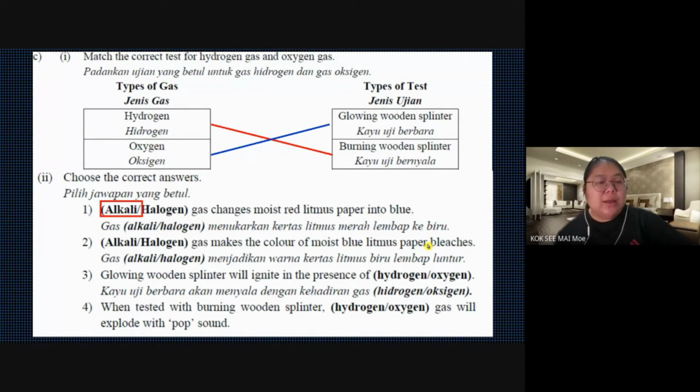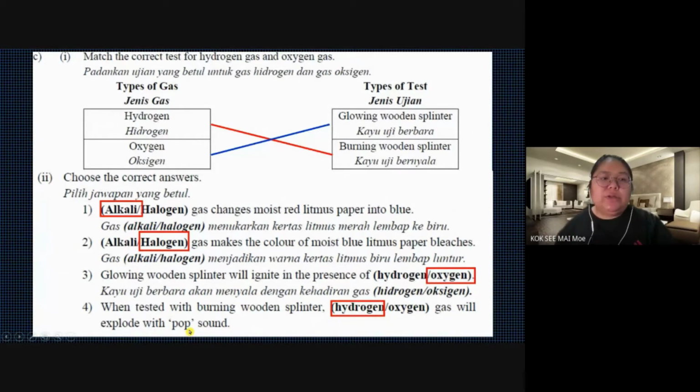You tell me, alkaline or halogen? So it's halogen. Halogen produces a colorless gas. Glowing wooden splinter ignites in the presence of oxygen, making it glow. So that's oxygen. And the last one, pop sound. When you see pop sound, surely it is hydrogen.